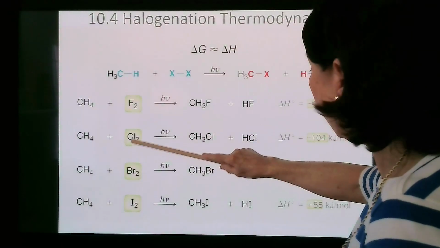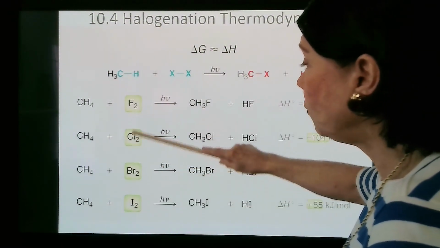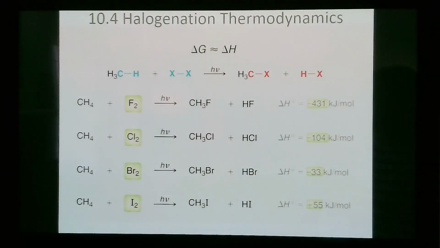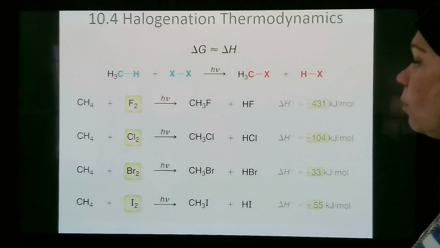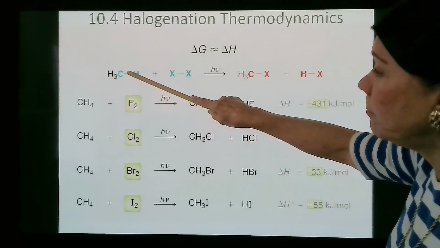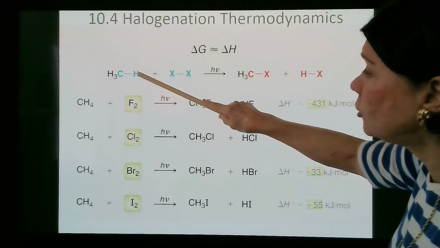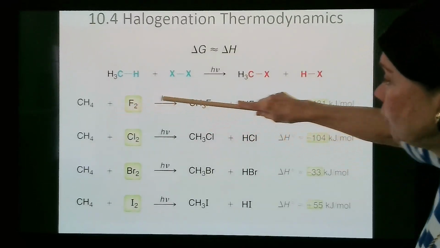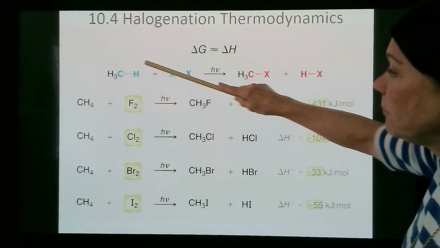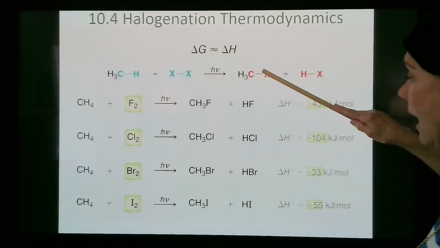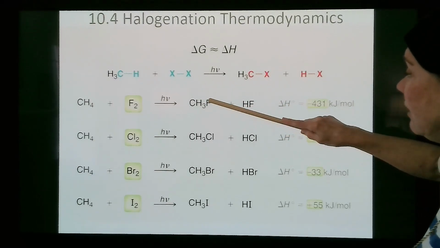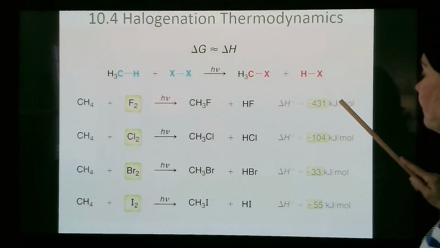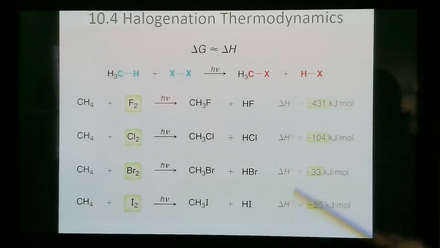And here, this tells you which halogen you have in the reaction. And so using the BDEs of the C-H bond and the X-X bond in each one of these, sum those together and subtract the sum of these two, and you will get this as the delta H.